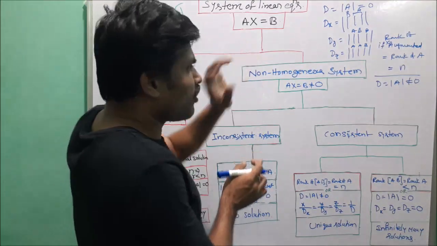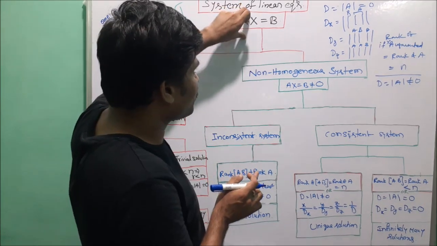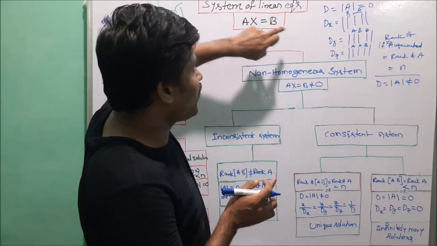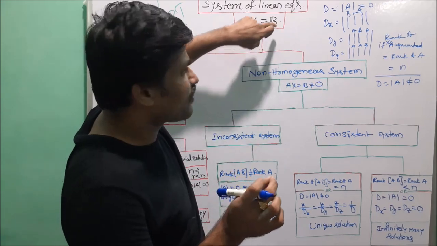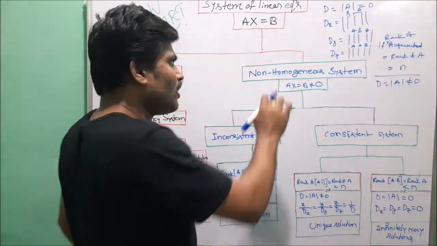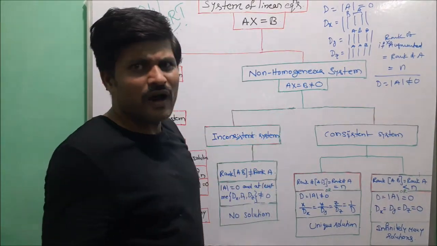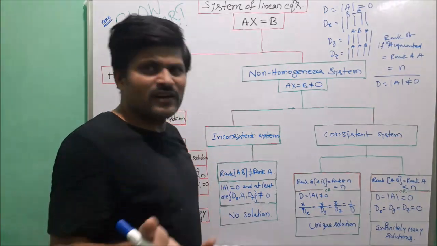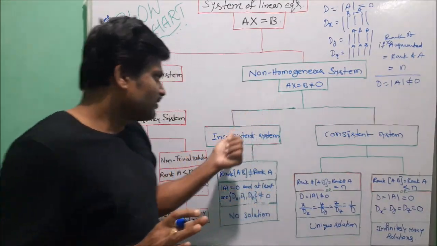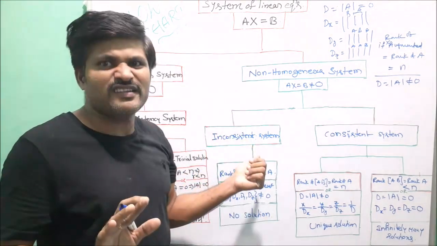Similarly, in the non-homogeneous system, first of all, the given system Ax equals B, where B is a non-zero matrix. That means at least one element of the constant matrix is non-zero. That type of system is called non-homogeneous. Now it has either a solution or does not have any solution. For example, if there is no solution, that type of system is called an inconsistent system.